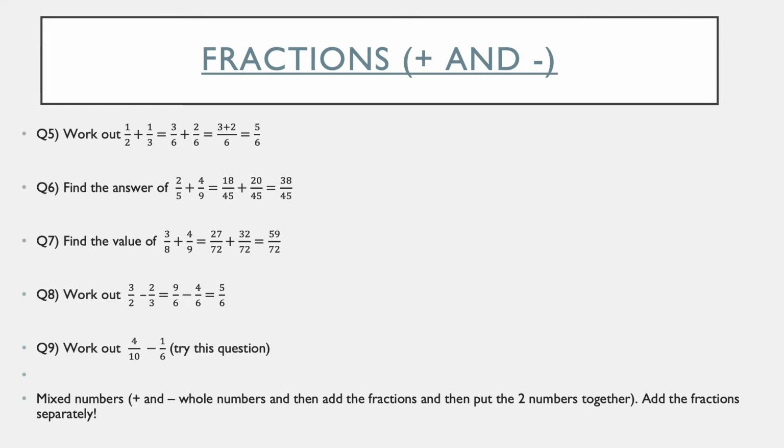Last point, guys. If I have mixed numbers and I'm adding or subtracting them, the way I would do it personally is I would convert them to improper fractions, then find the lowest common multiple, and then add or subtract my fractions. Or the other way, which is what I've written here, is to add the whole numbers together and then add the fractions, and then put your whole number and your fraction as your final answer.